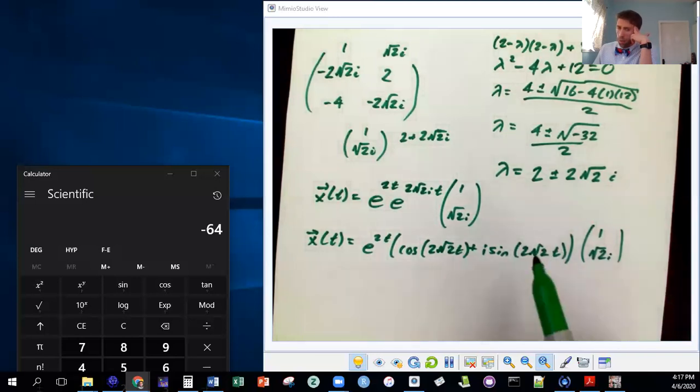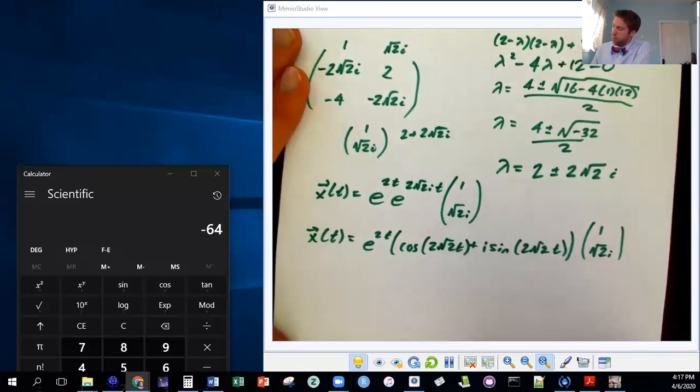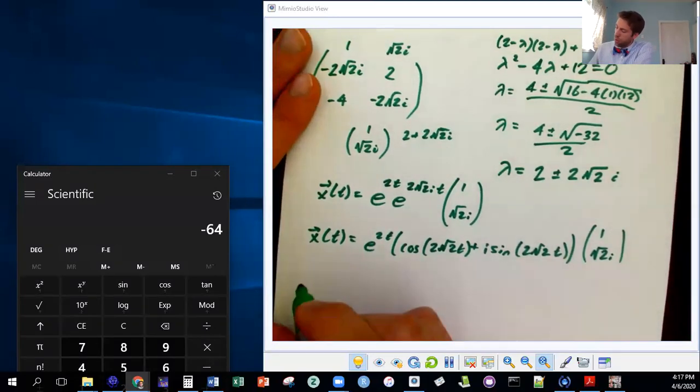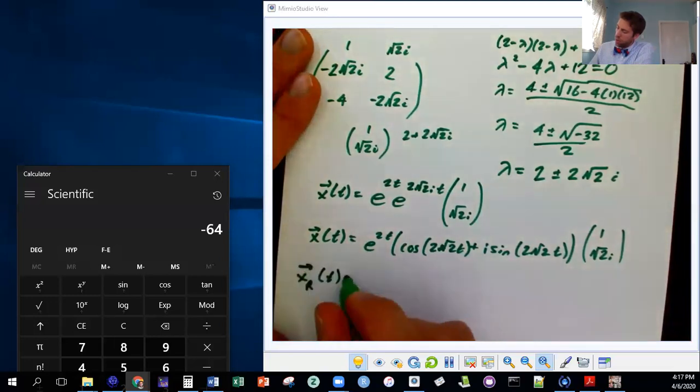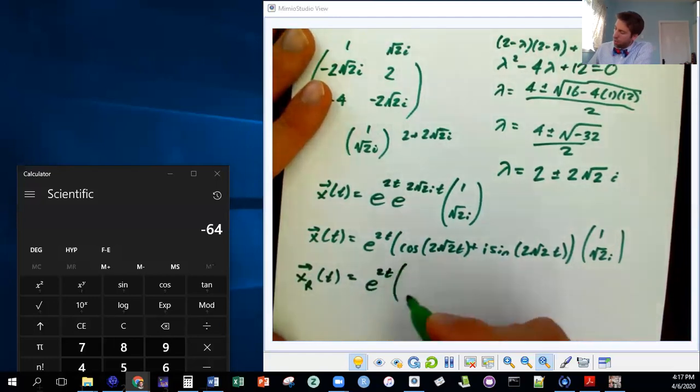So we want to break this up into its real part and imaginary part. Its real part is real times real and imaginary times imaginary. So x real of t equals e to the 2t times cosine of 2 square root of 2 times t.